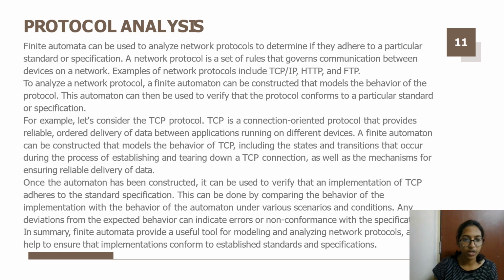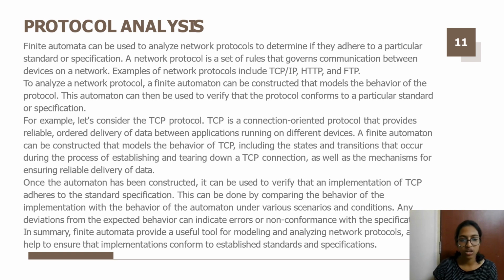A finite automaton can be constructed that models the behavior of TCP, including the states and transitions that occur during the process of establishing and tearing down a TCP connection, as well as the mechanisms for assuring reliable delivery of data.